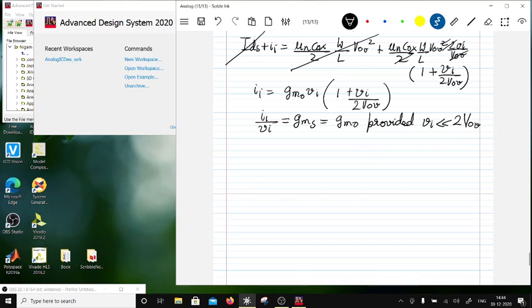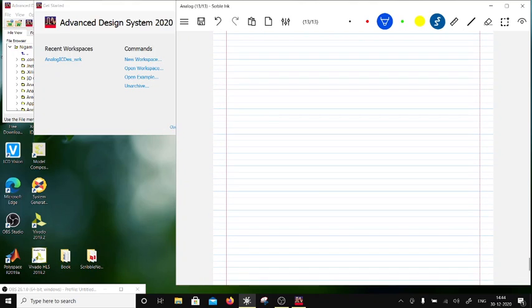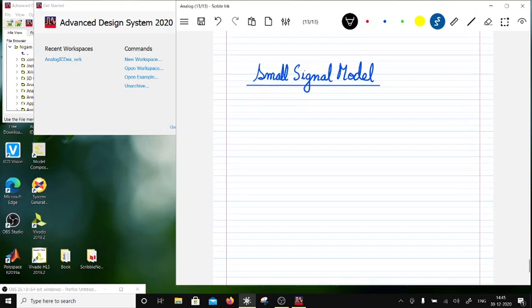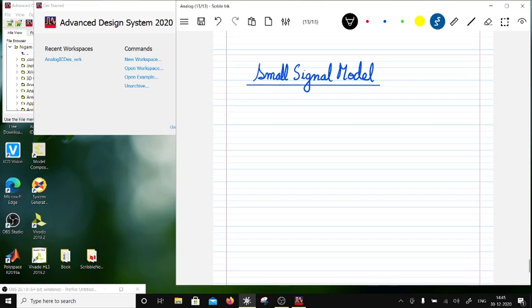Now once we have cleared what a small signal is, let's look at a model, a small signal model for a MOSFET. There are two regions of operation which are of interest.